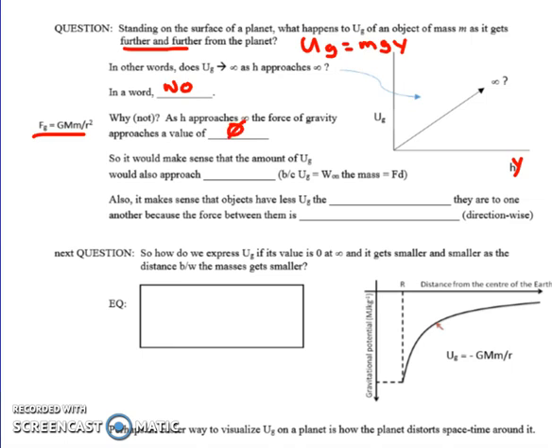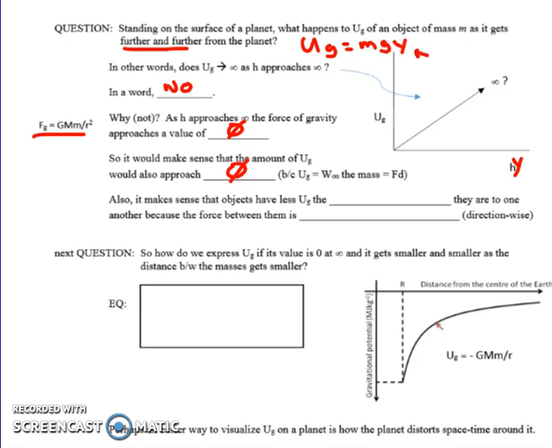And if the value of gravity approaches 0, then it doesn't really make sense to talk about potential energy. So it makes sense that the gravitational potential energy would also approach 0 as we get further and further away, which contradicts the mgy idea.